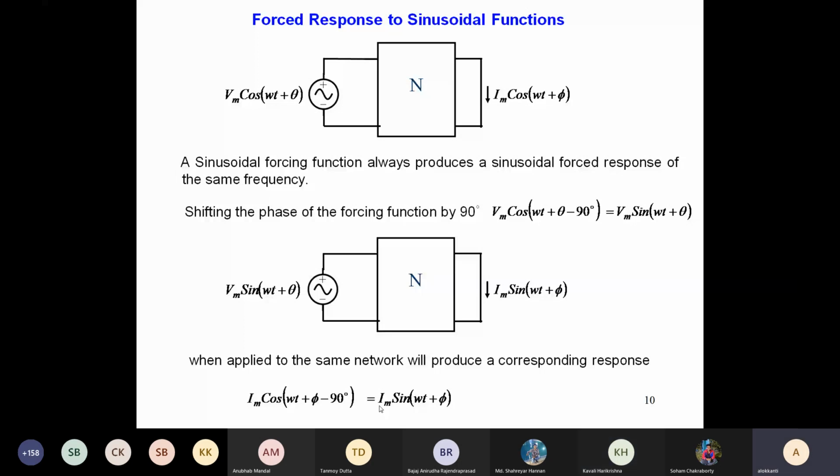Clear? How does the frequency of the output not change? You saw in the RL circuit, did it change? No. For the time being, we will assume these circuits only in this curriculum, that any frequency change will not be considered.